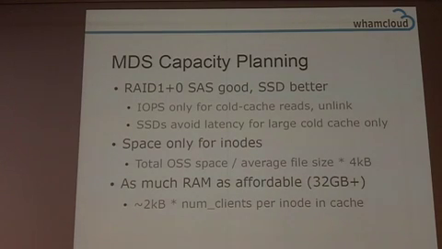And of course, you need as much RAM as you can. For hard drives, at least, it gives you about a factor of 10 improvement to get things out of cache versus off of the disk. With SSDs, the ratio is going to be a lot smaller, but still worthwhile.